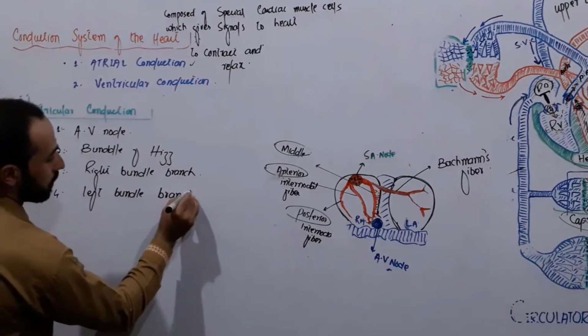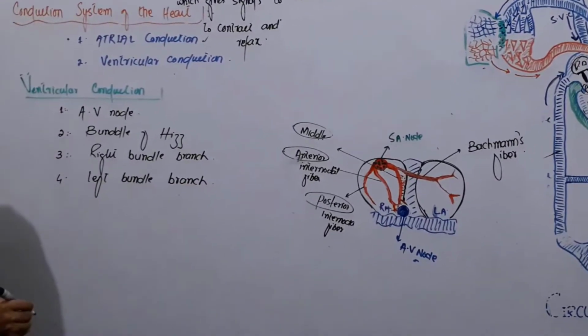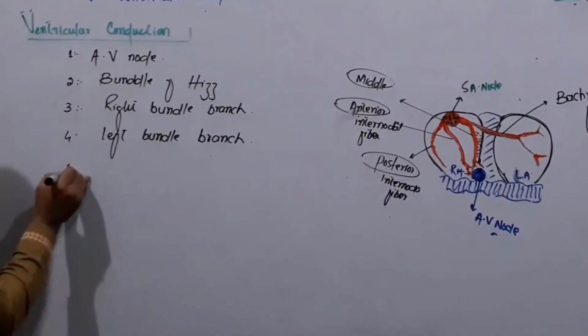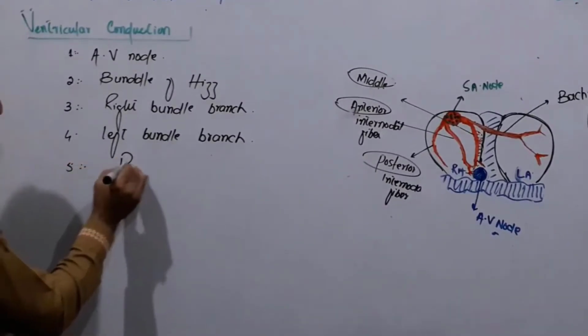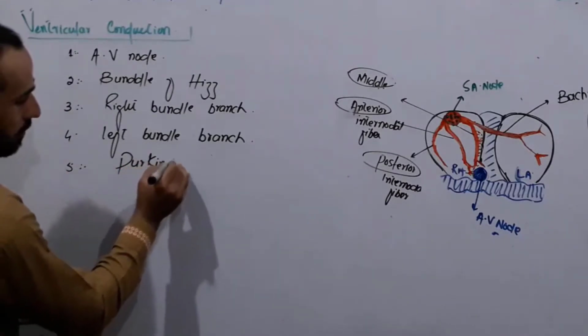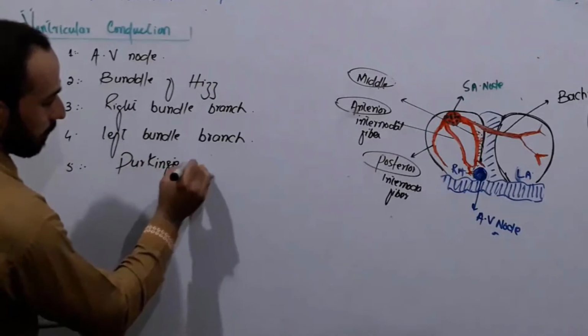And from these right and left bundle branches, on the lateral walls of the heart, there are small fibers, and those fibers are called the Purkinje fibers.